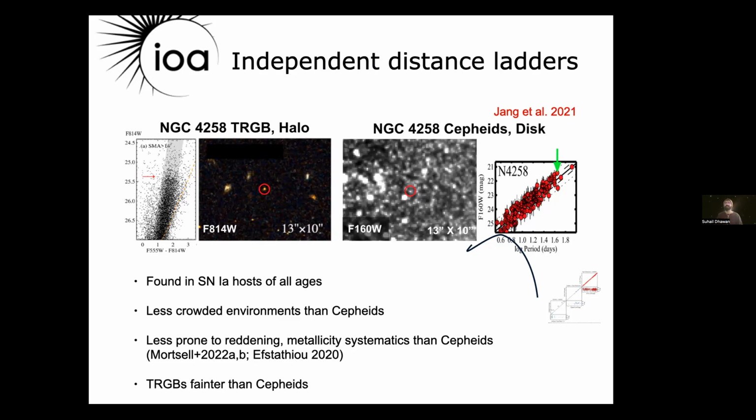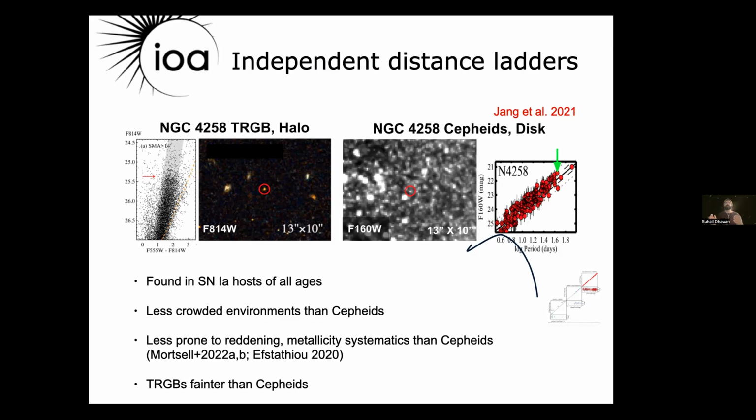So they exist in very crowded regions in young star-forming galaxies in their disks, whereas the tip of the red giant branch, which is an independent distance indicator, is in a lot less crowded environment towards the halos of nearby galaxies. And they're found in supernova hosts of all ages. So whereas Cepheids are specifically only in the young star-forming environments, as I previously mentioned, the TRGB is actually in all host galaxies.